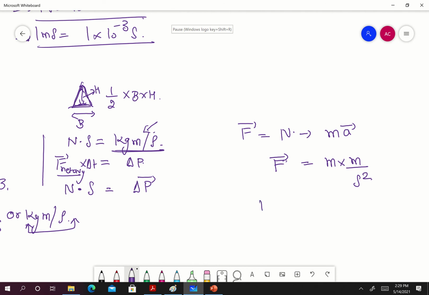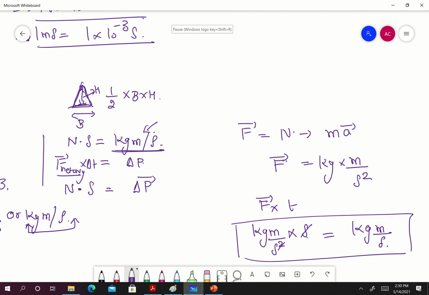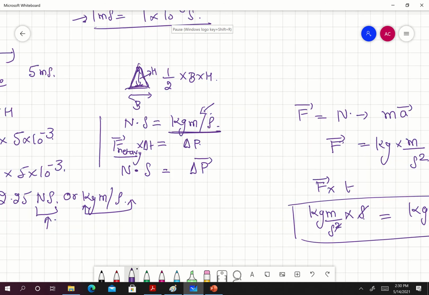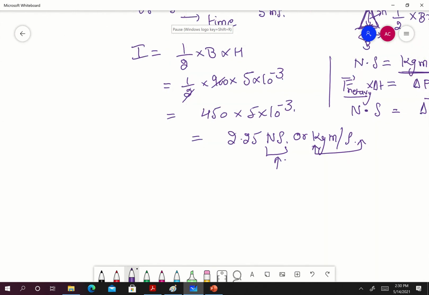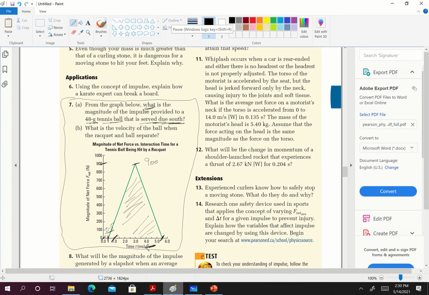And what we want to do is force multiplied by time. So here it will be kg meters per second square times second, and this second cancels out. It will be kg meters per second. So both mean one and the same thing. So coming back to the question, we figured out the impulse value. So impulse value is 2.25 Newton second.